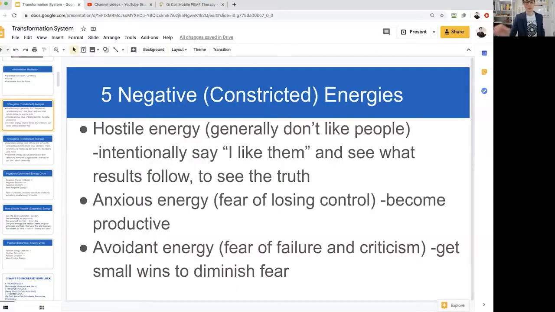So the third negative constrictive energy that can sabotage your success is avoidant energy. So we did hostile energy, anxious energy. Third one is avoidant energy. And this is the fear of failure and criticism.